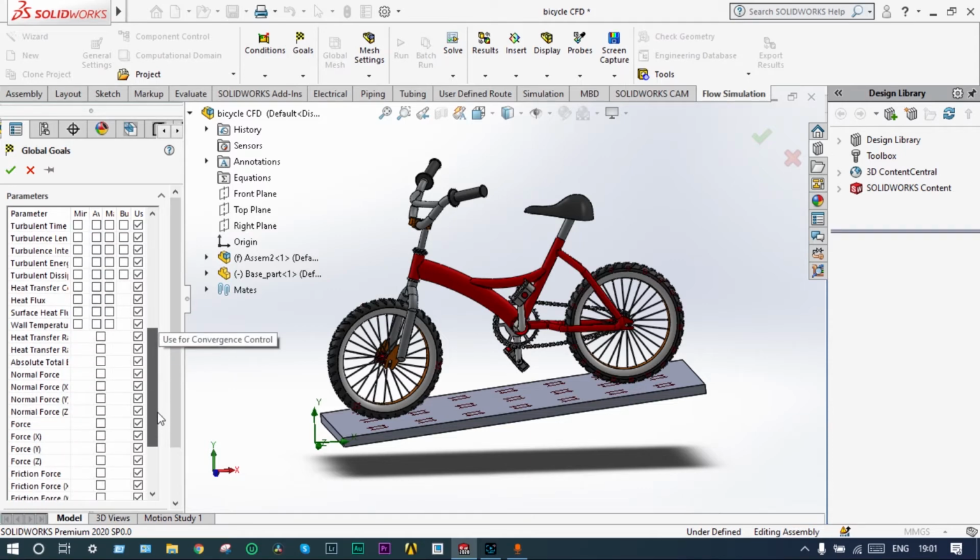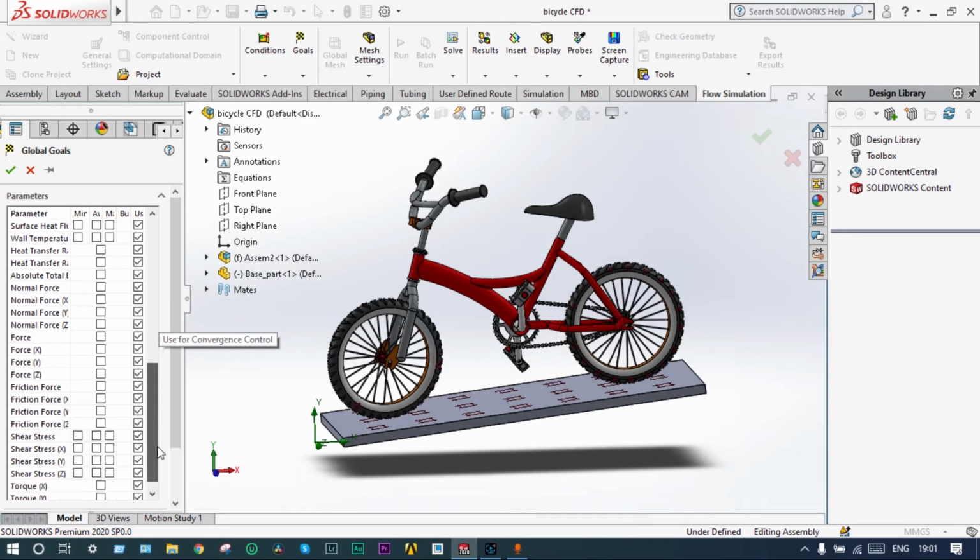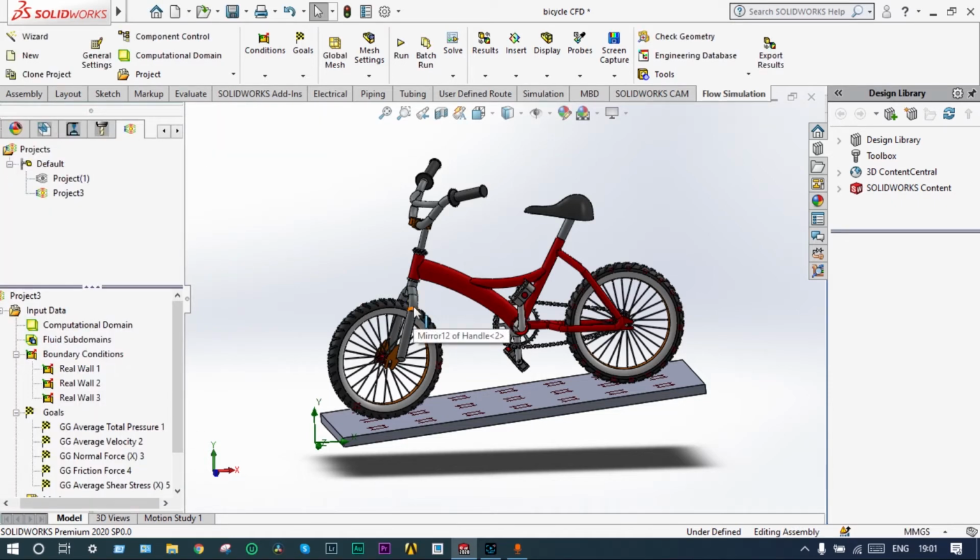At the same time, you want to see normal force in the x direction. There is a drag force. Our aim should be to reduce this drag force. Shear force in the x direction. We want to see frictional force and also average shear stress. These are our goals.